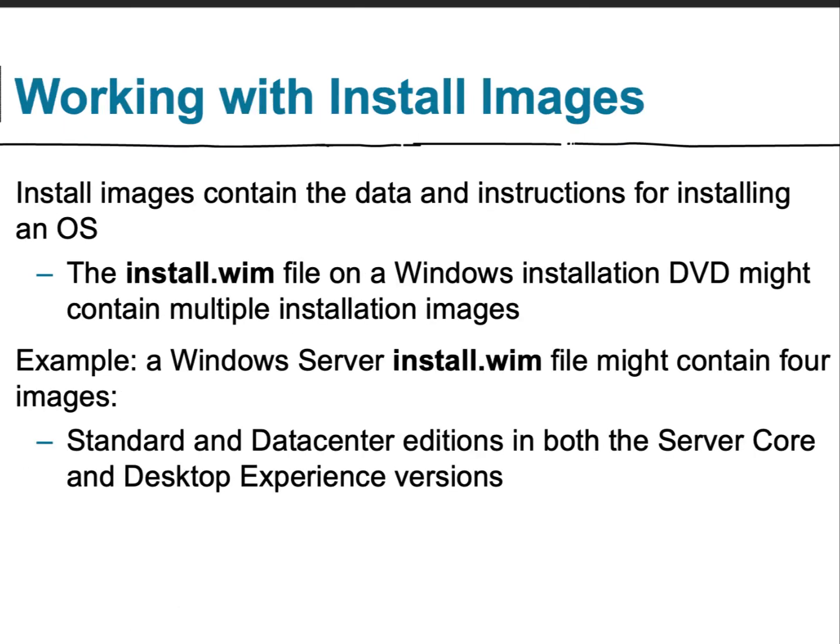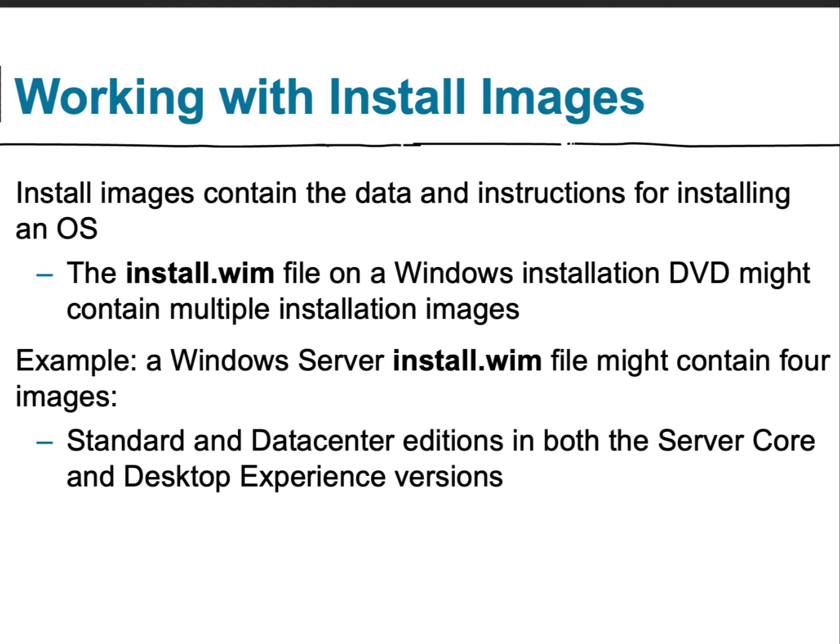Install images, unsurprisingly, contain the data and instructions for installing an OS. You can use the stock install image on the Windows installation DVD, or you can create an install image with a reference computer and a capture image. The install.wim file on a Windows installation DVD might contain multiple installation images.